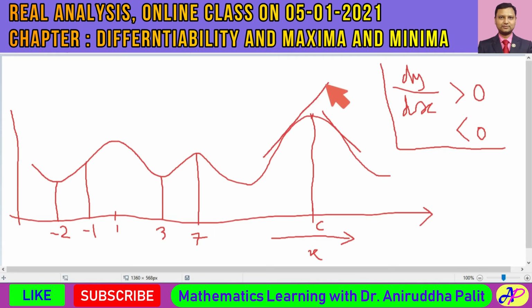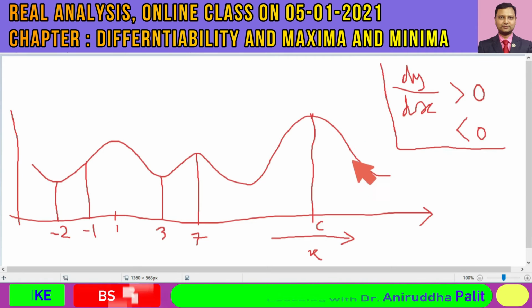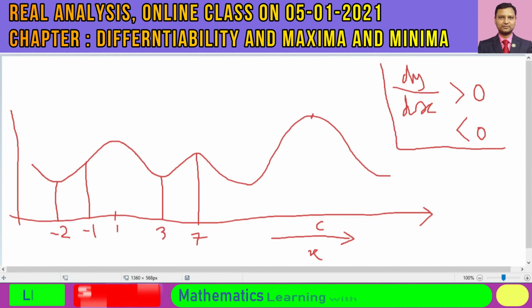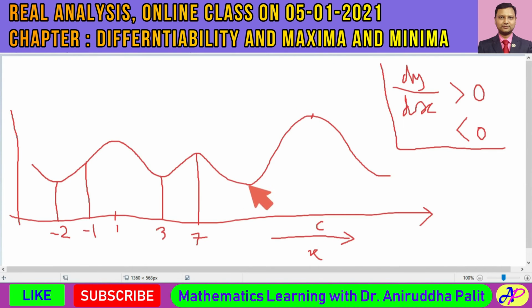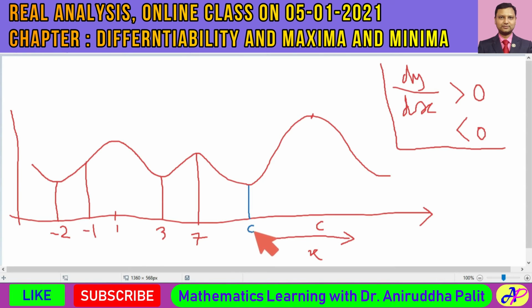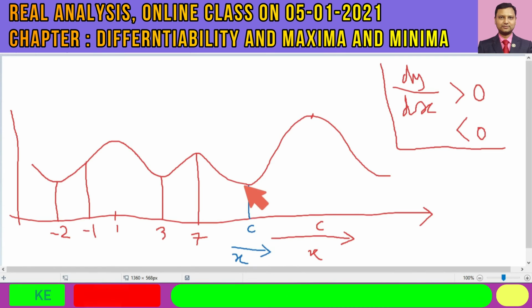And if the converse result comes, suppose at this kind of point, say this is the point C, and now we increase the value of x through this point under study.